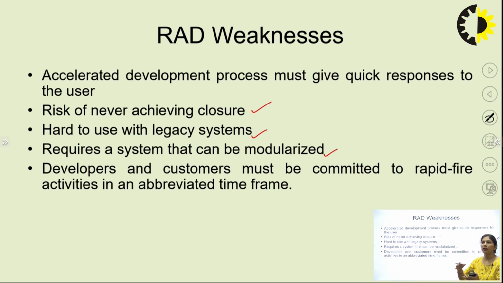Then we moved to the RAD model, which is more flexible, including more involvement of the users and the client in the development process from the very beginning, from the requirements, right?